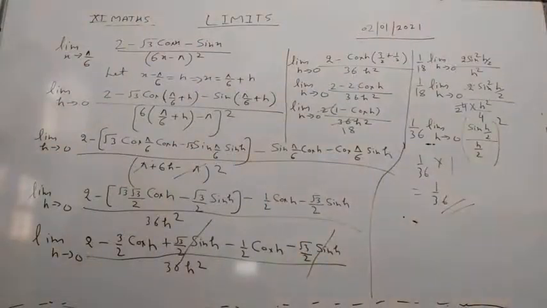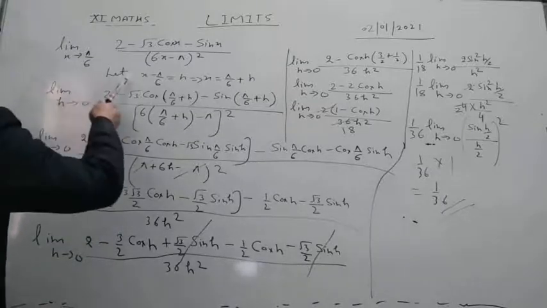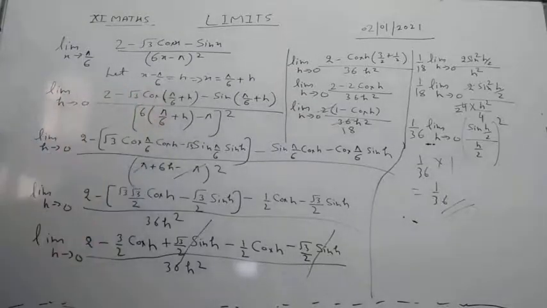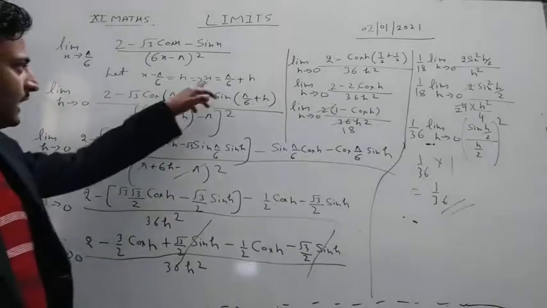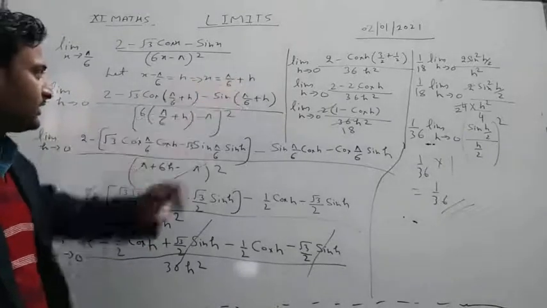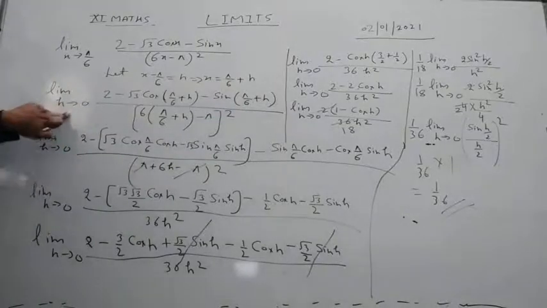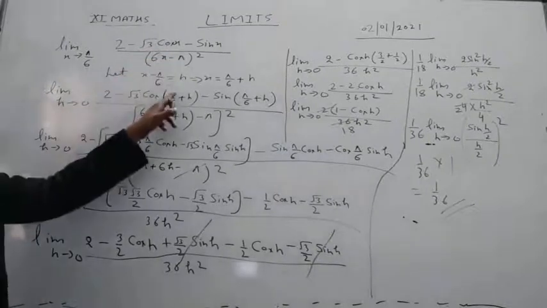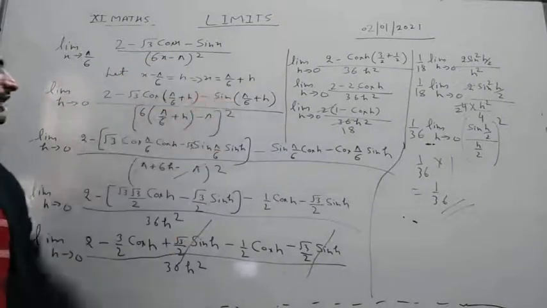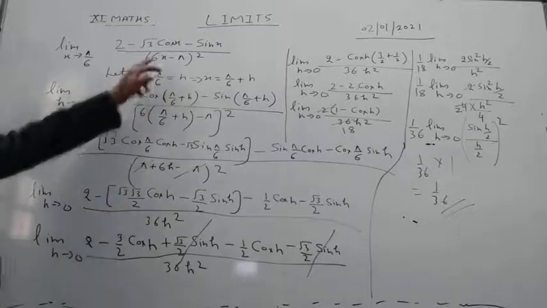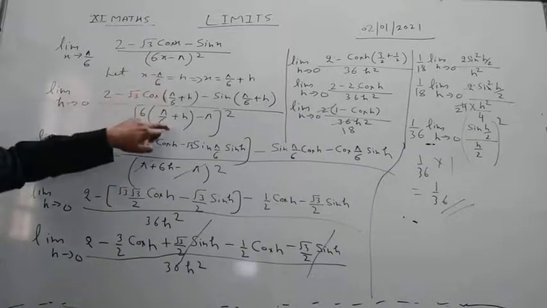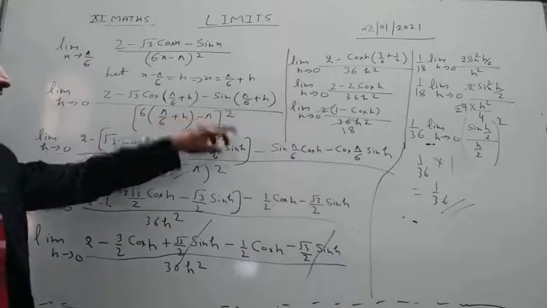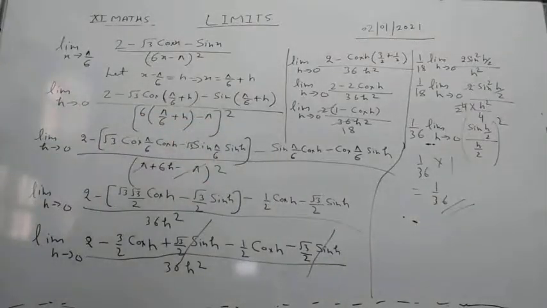Okay. So let's see once again what we have done overall in this question. First of all, we let that x minus pi by 6 is equal to h. So x will be equal to pi by 6 plus h, and our limit will be h tends to 0. So 2 minus root 3 cos(pi by 6 plus h) minus sin(pi by 6 plus h) by (6(pi by 6 plus h) minus pi) whole square.